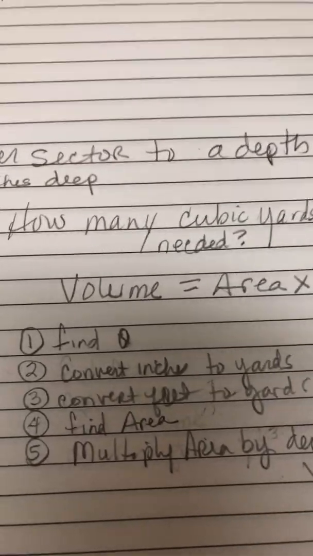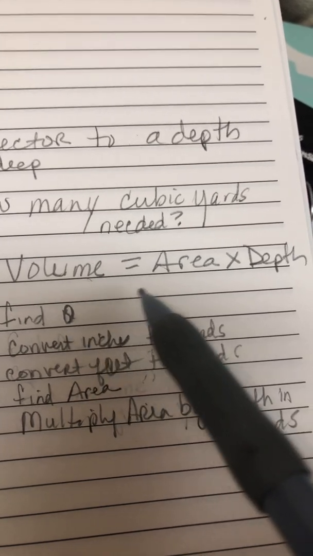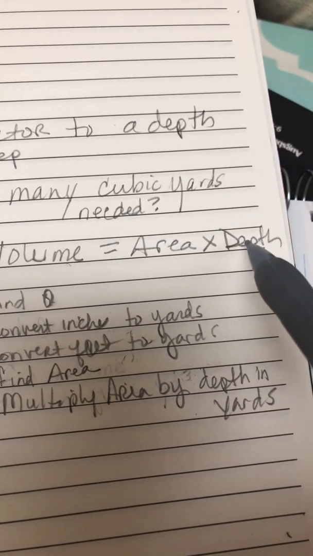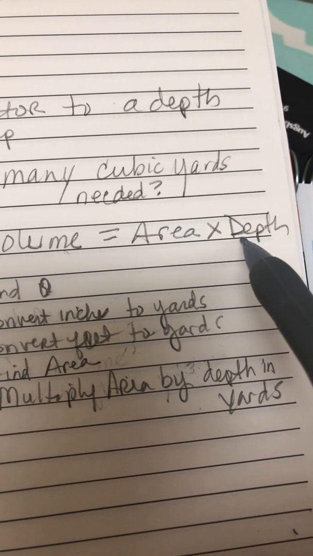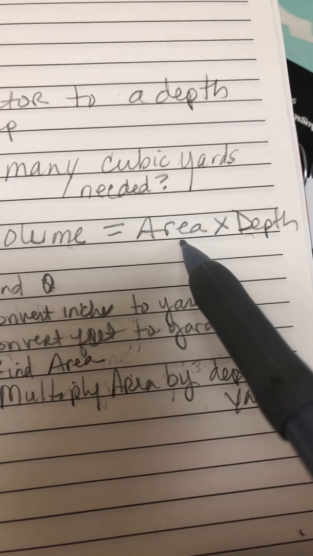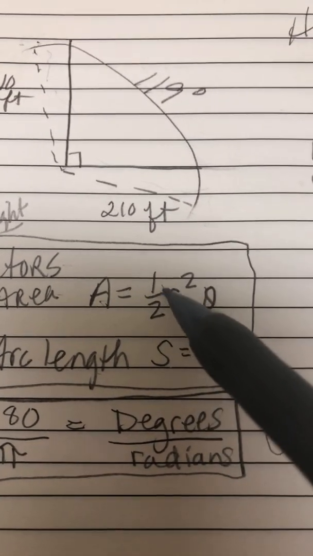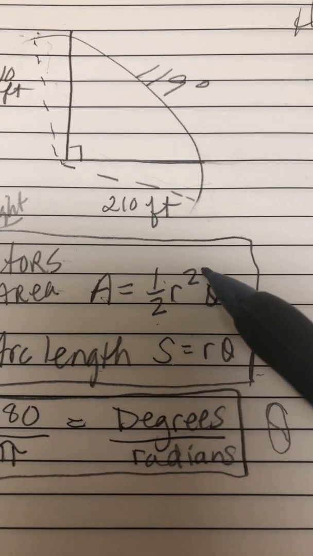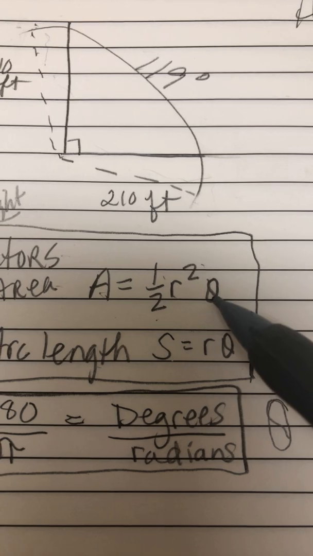Now in the problem itself, they said to keep in mind that the volume of this sector is found by taking the area times the depth. Well, we need to find the area of our sector. Area is 1/2 of the radius squared times the radian.